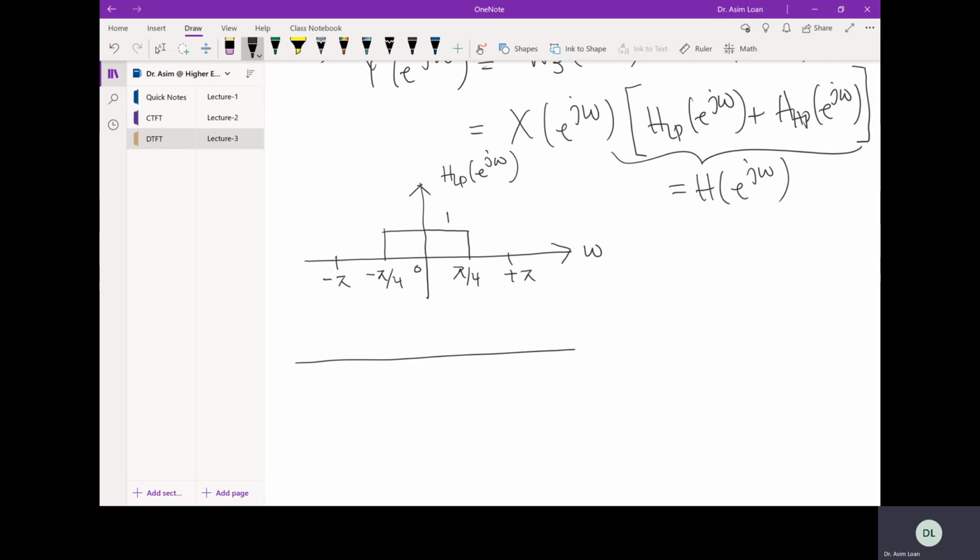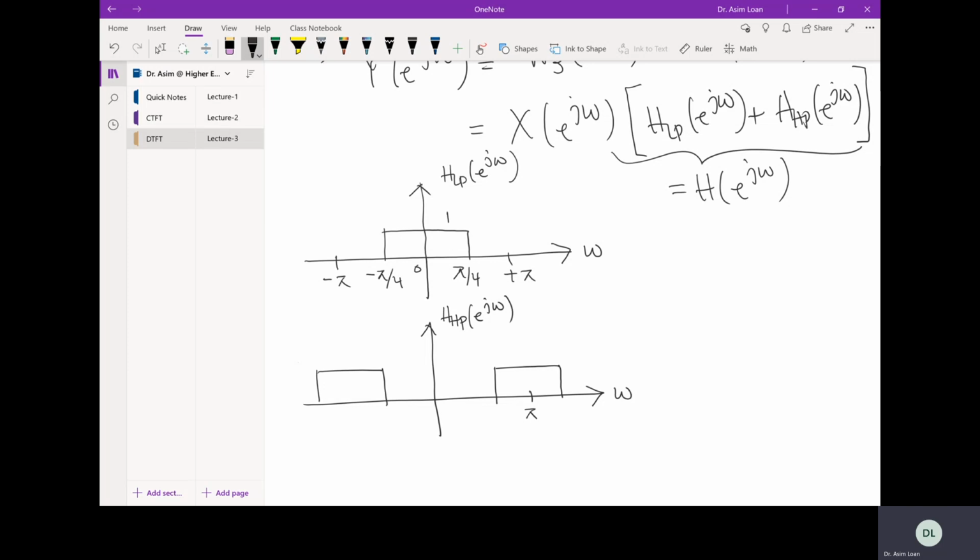And on top of it, I add H high pass of e^{j omega}, which is centered around pi. This is pi minus pi, this is 0. This is 1. This is pi minus pi by 4, which is simply 3 pi by 4.